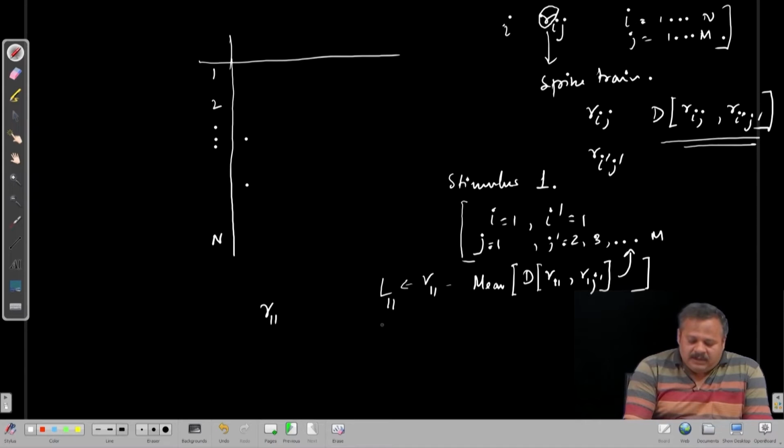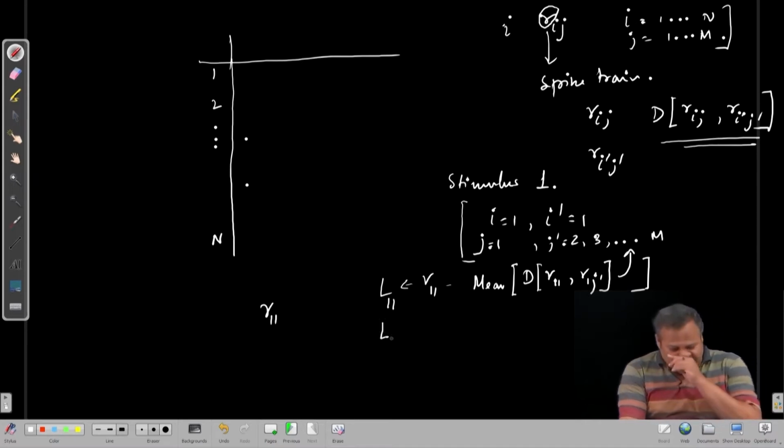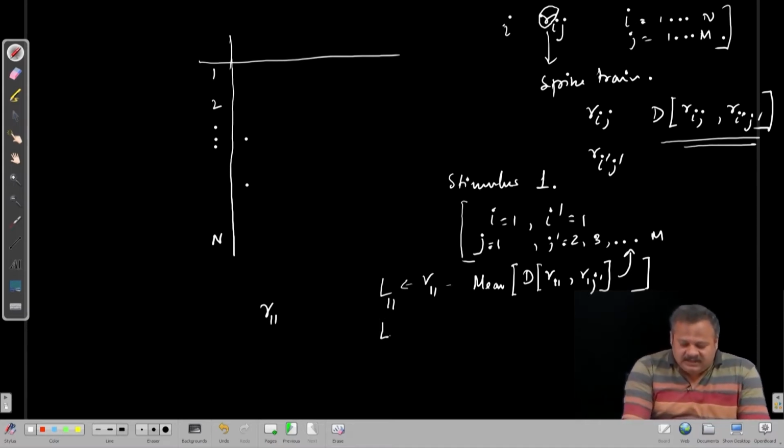Similarly, we will compute that first spike train's distance from the second stimulus's spike trains, that is, the capital M spike trains produced by the second stimulus, and the distance of the first spike train of the first stimulus, the average of those, that is L_12. Similarly, L_13 and so on up to L_1M.